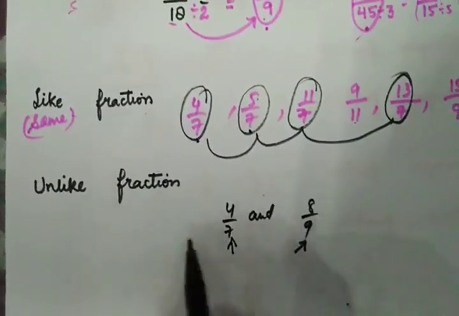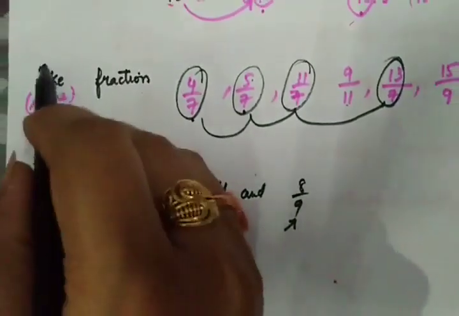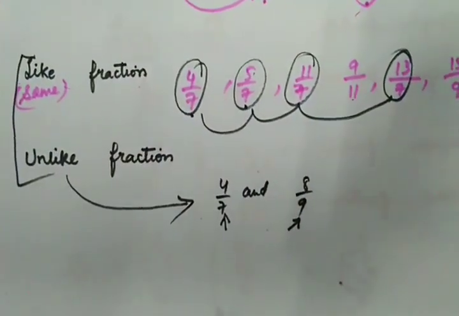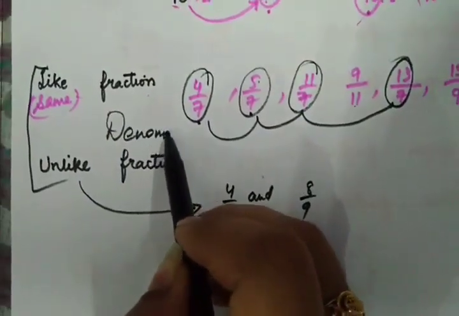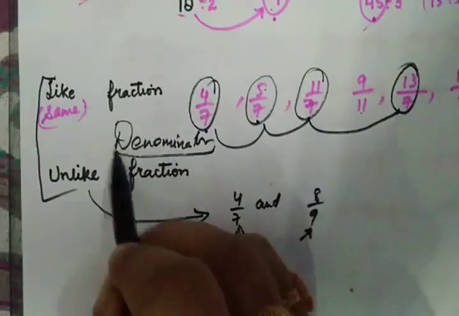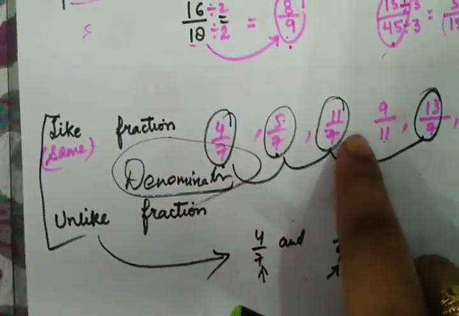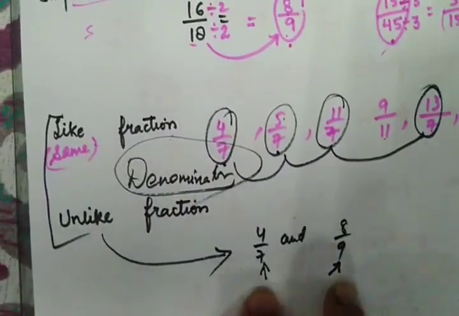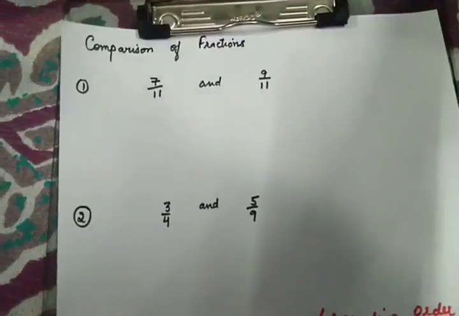Obviously they are not the same, that's why they are falling in the category of unlike. And please remember, when we are solving for like and unlike, we just need to check the denominator. Please don't check the numerator, we only see the denominator. If the denominators match, they are like. If they don't match, they are in the unlike category.